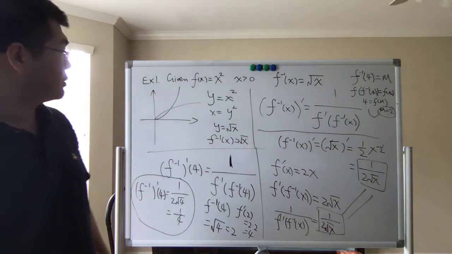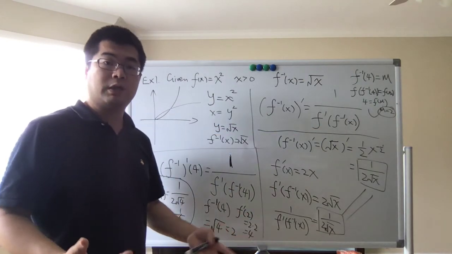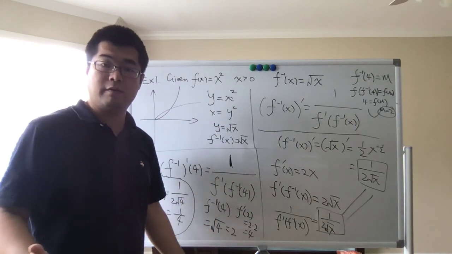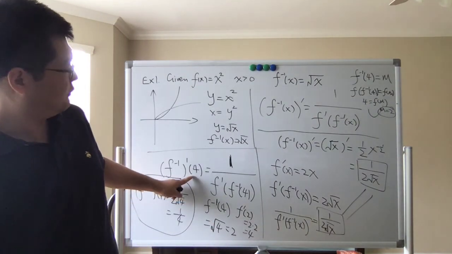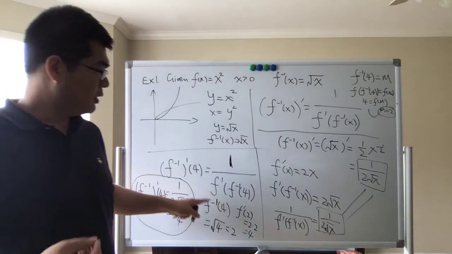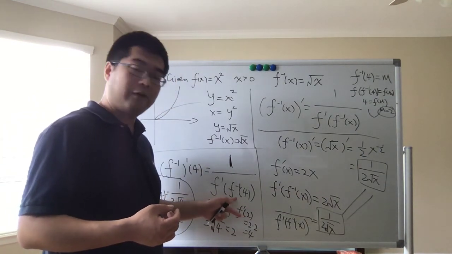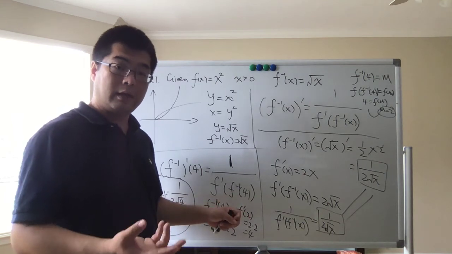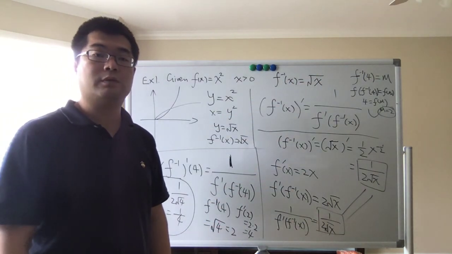Why? Because the derivative of f of x is easy, since the function f of x is always given. When evaluating at a specific value, the tricky part is figuring out f inverse of 4. And how do we do that? Again, based on the property of the inverse function.